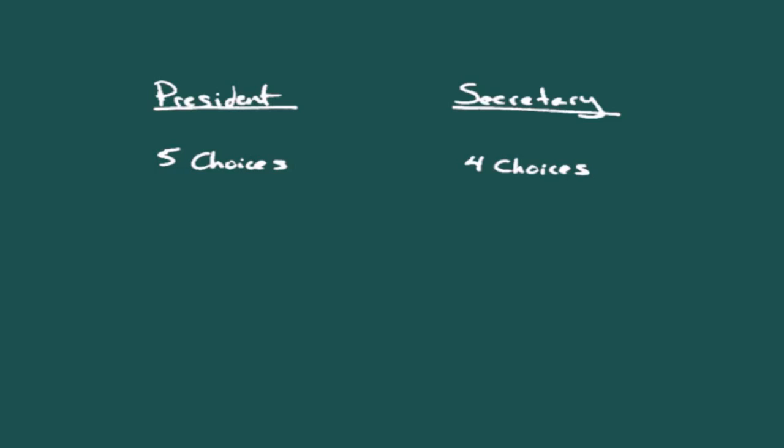So the president's gone. We made that choice out of 5 people, so we've got 4 people left for the choice of secretary. And so the fundamental counting principle says that we've got a total of 5 times 4, or 20 possible choices. And that's exactly what we found when we were systematic and wrote each one of them out individually.